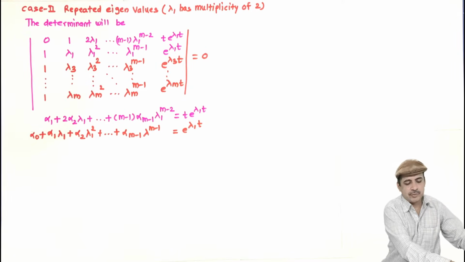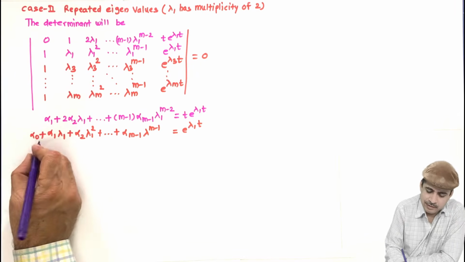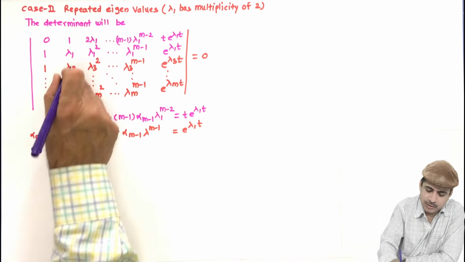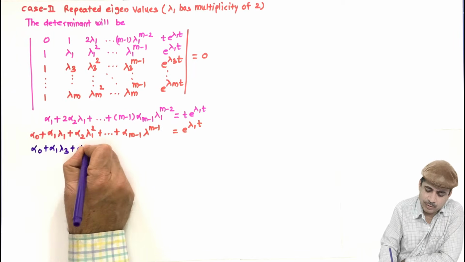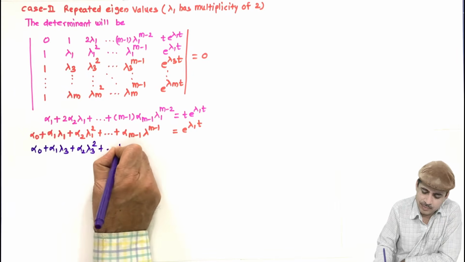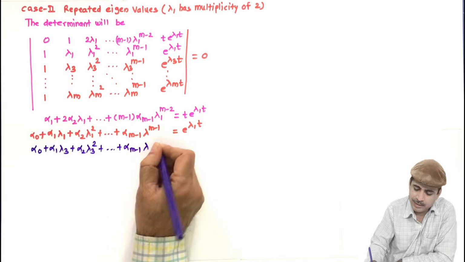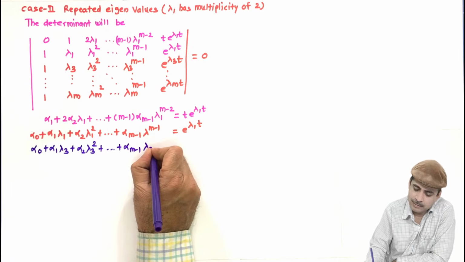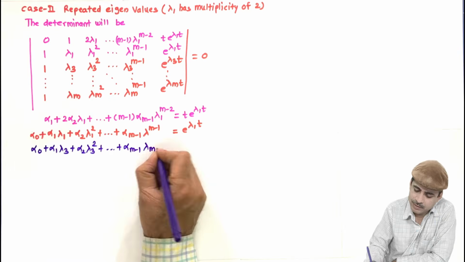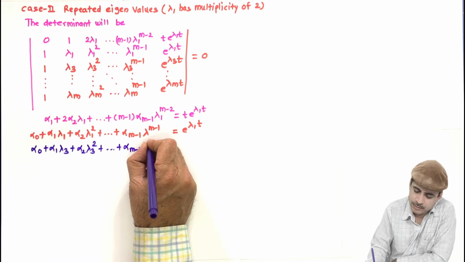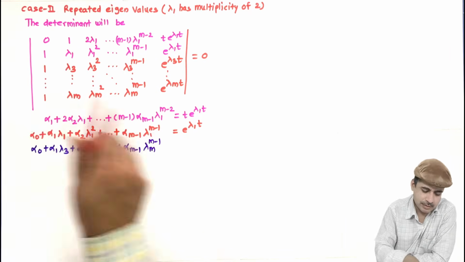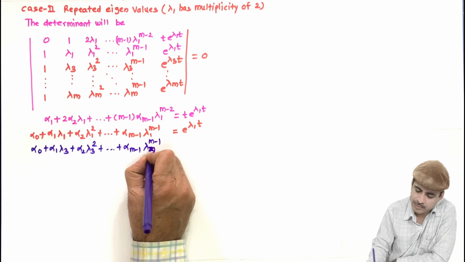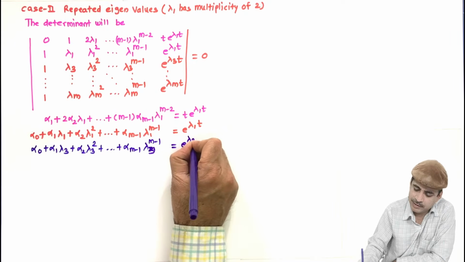And then the next equations will be, for this one alpha 0 plus alpha 1 lambda 3 plus alpha 2 lambda 3 square plus alpha m minus 1 lambda 3 raised to m minus 1, this is for lambda 3, and this will be equal to e raised to lambda 3 t.